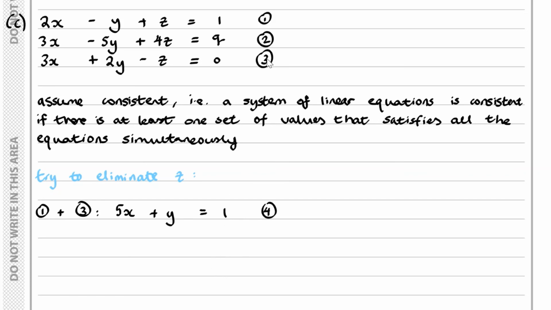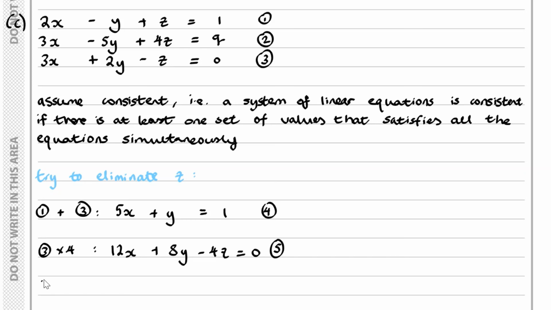And if I multiply equation 3 by 4, then we have 12x plus 8y minus 4z equals 0. If I call this equation 5, we can now add together equation 2 and 5, which will also eliminate z.